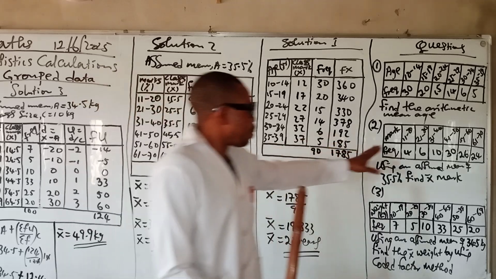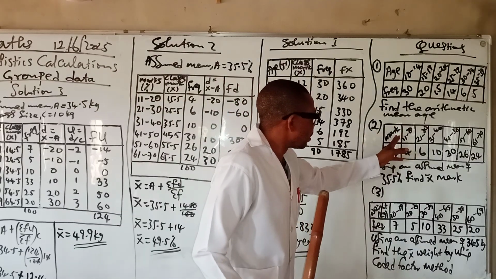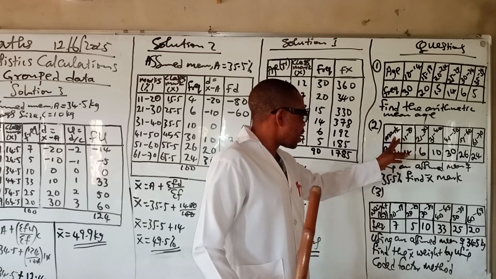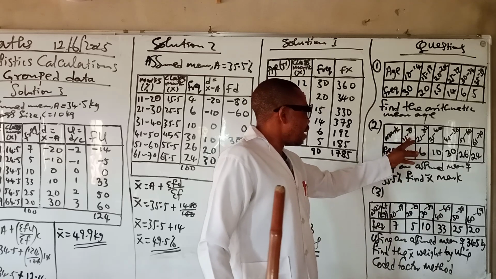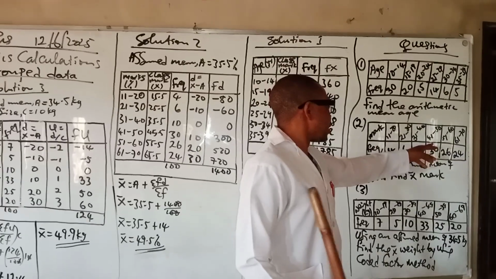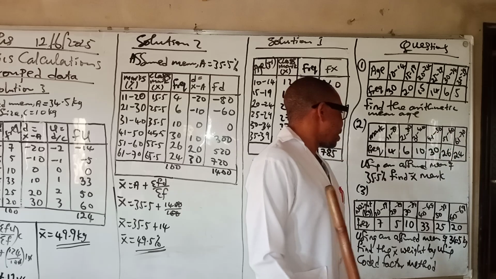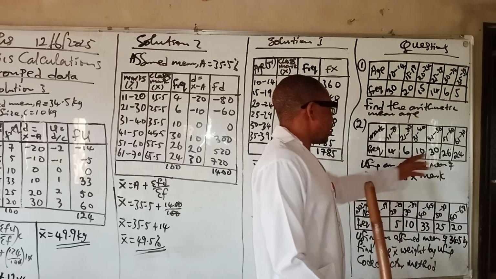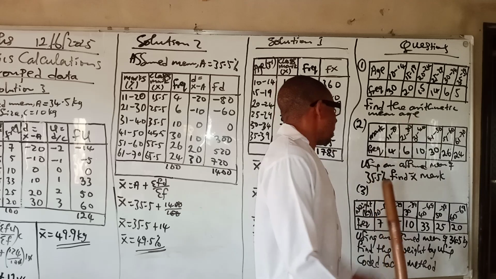Then when you come to the number 2 question, the class interval is a mark. It ranges from 11 to 20, 21 to 30, 31 to 40, 41 to 50, 51 to 60, 61 to 70. Then the frequency gives us the number of students that scored the marks.